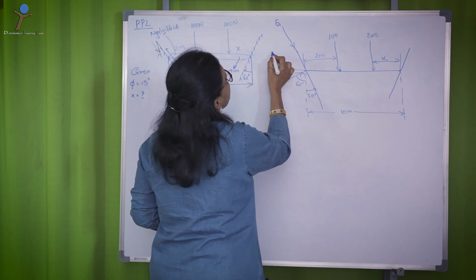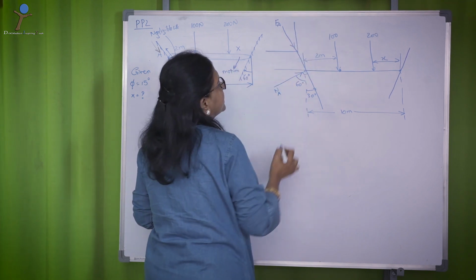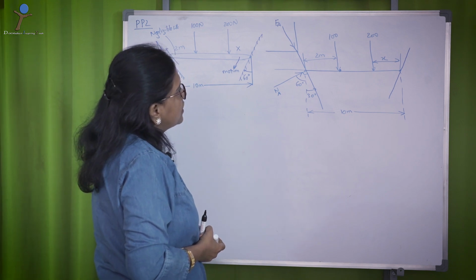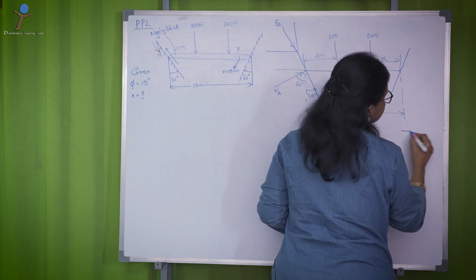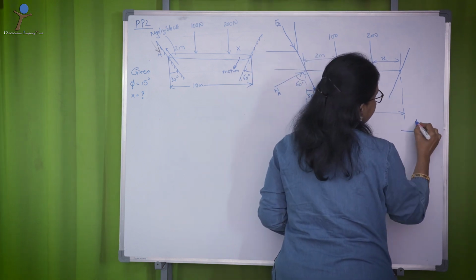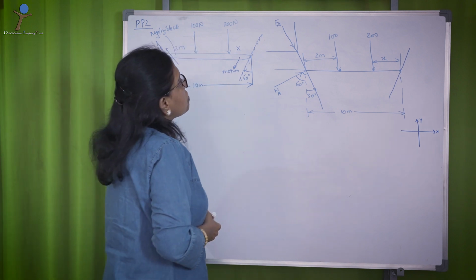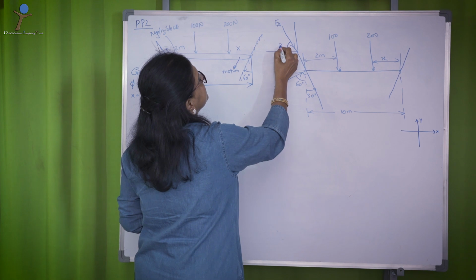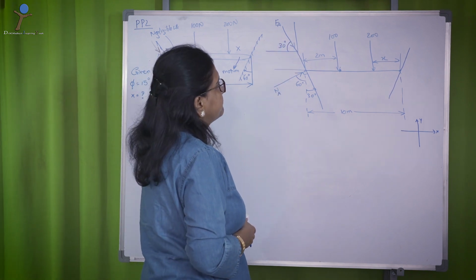Right. Now, let me draw one horizontal and vertical line so as to know its position on the x and y axis. Let me call this as x axis and this as y axis in our problem. So, if this is 60, then this could be 30. This could be 30.